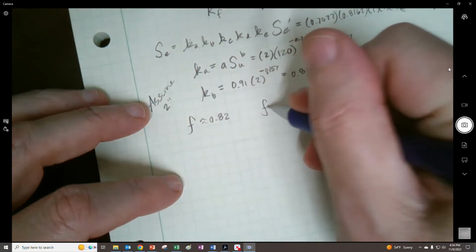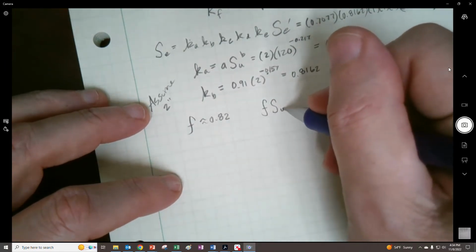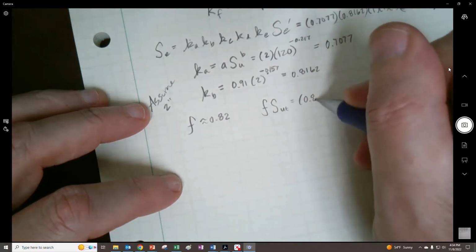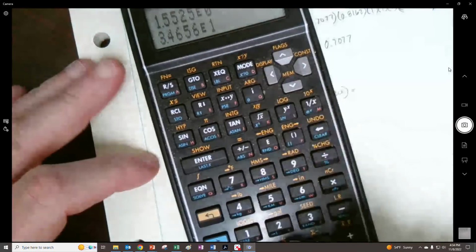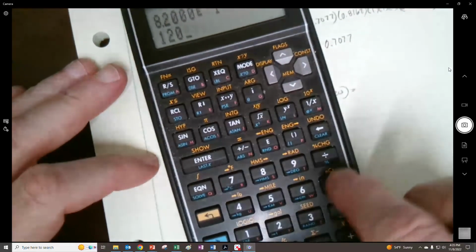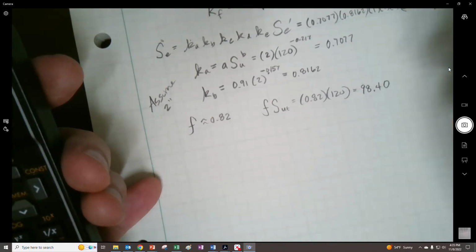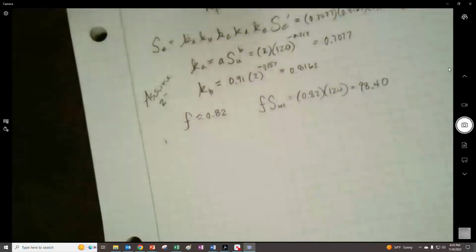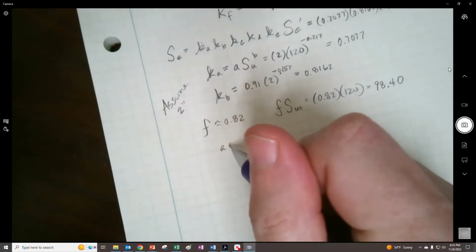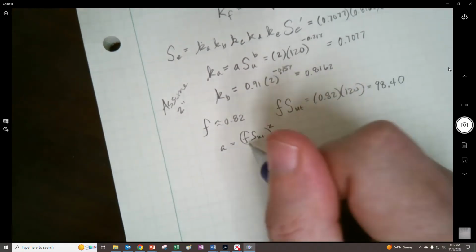So let's find f times Sut, ultimate strength. So 0.82 times 120, and you get 98.4. And we're going to put that back into the equations for A and B. There's A and B. So A is equal to (f Sut) squared divided by Se.